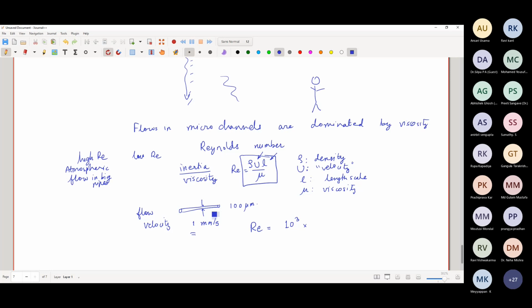It is 10 to the power minus 3 meter per second. What is the length? So length is 100 micrometer. So how many meters is this? It is 100 times 10 to the power minus 6 meter, right? So this is 10 to the power minus 4 meter.